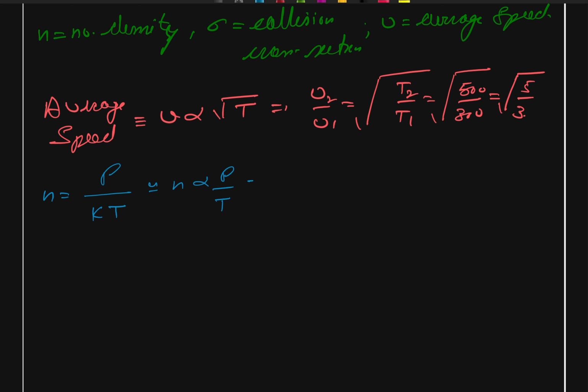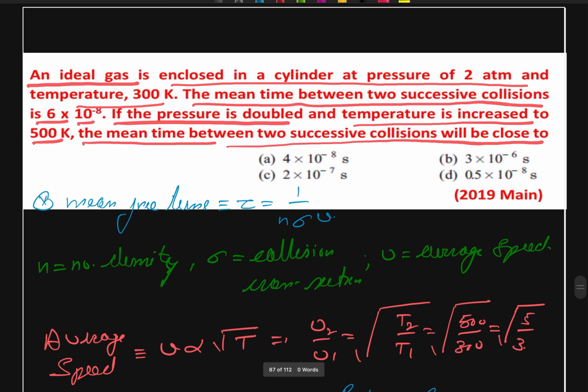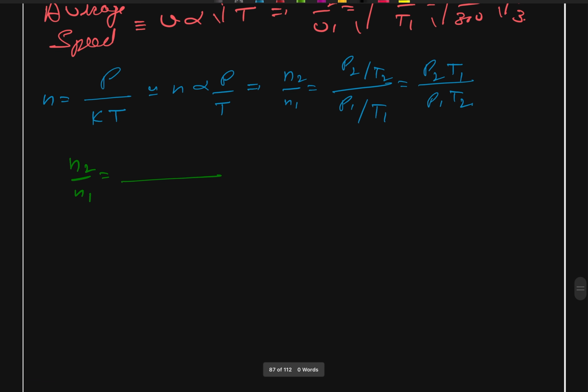Therefore, N2 upon N1 will be equal to P2 upon T2 divided by P1 upon T1, giving us P2 T1 upon P1 T2. And we substitute the values.